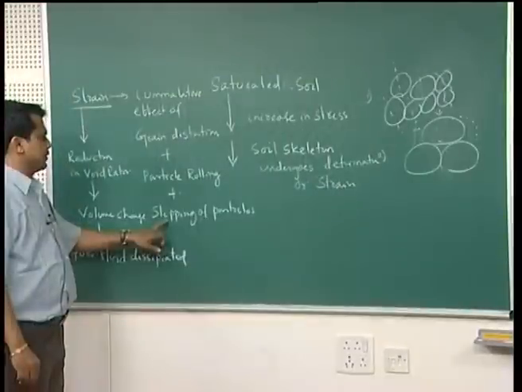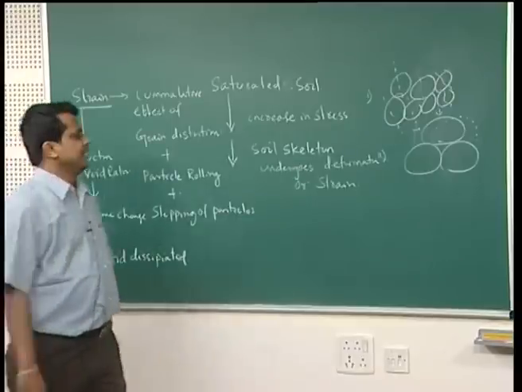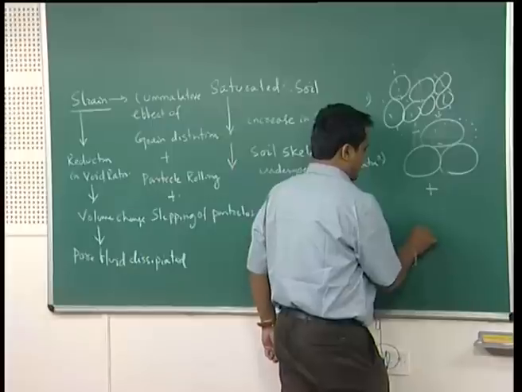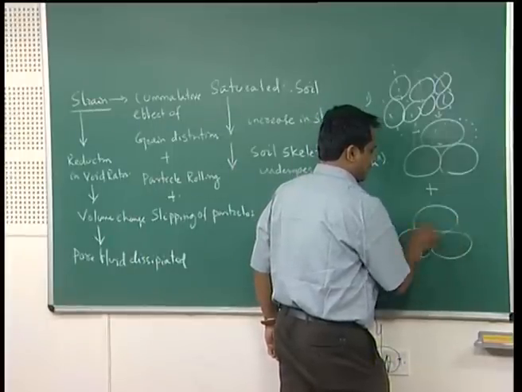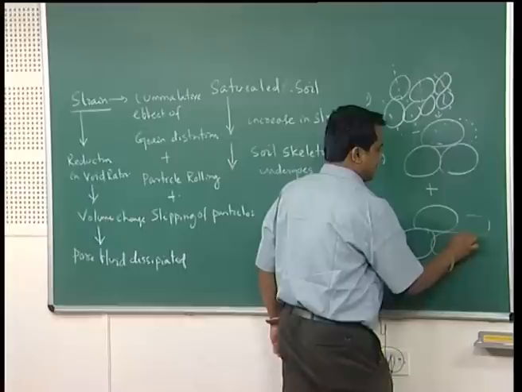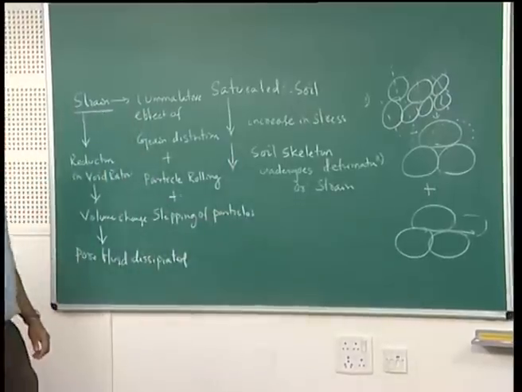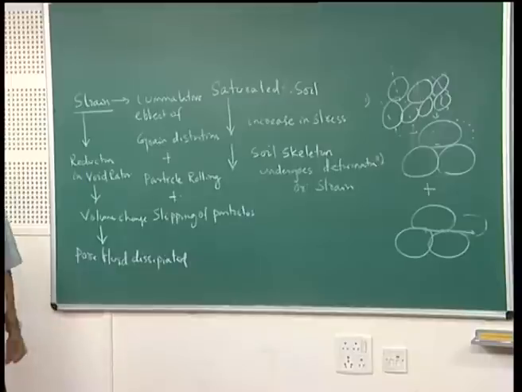The third part is slipping of solid particles. It may happen without rolling; the particle may slip. Once a particle slips, the soil again undergoes deformation.